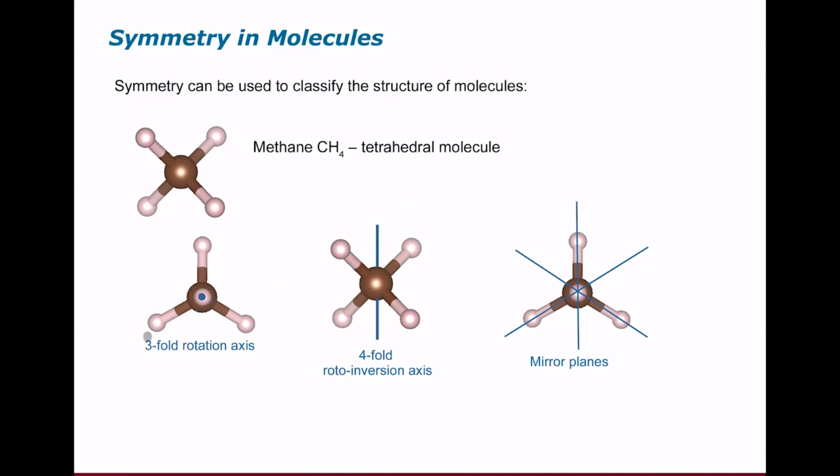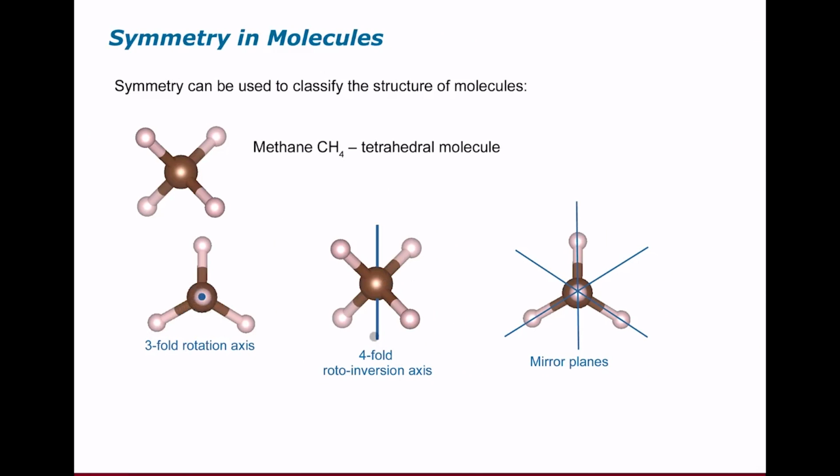So there is a threefold rotation axis that goes into the screen for the diagram on the left. So what I mean by this is, if you take this figure, leftmost one, and rotate it by 120 degrees around an axis coming out of the screen, the figure remains the same. There are more complicated symmetries for molecules as well. There's a 4-fold roto-inversion axis, for example.